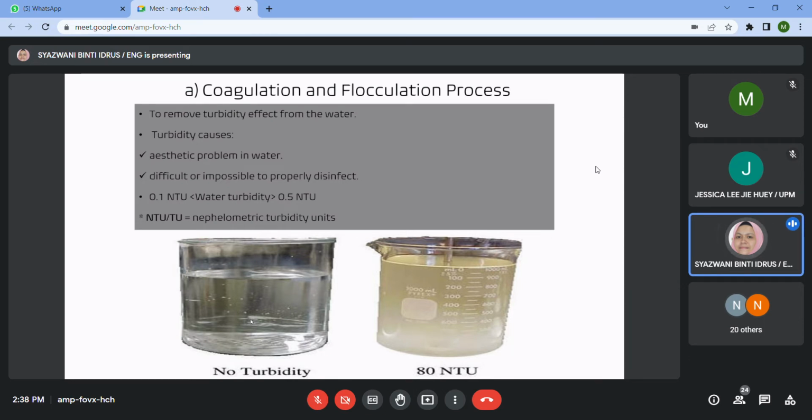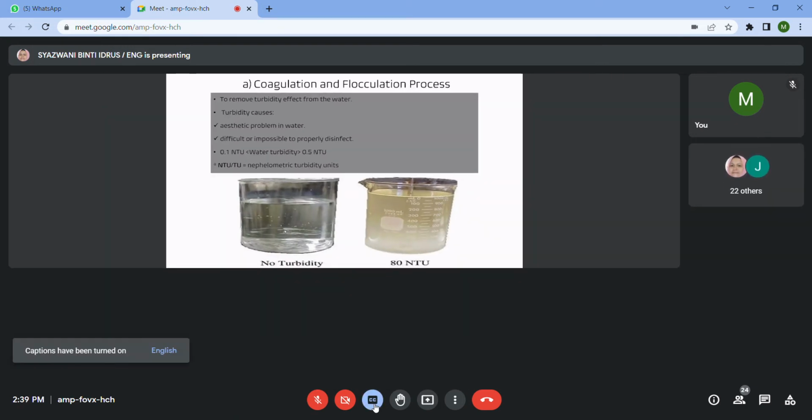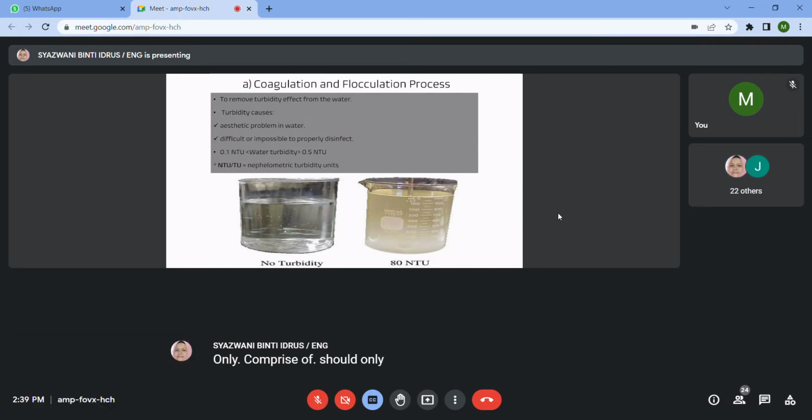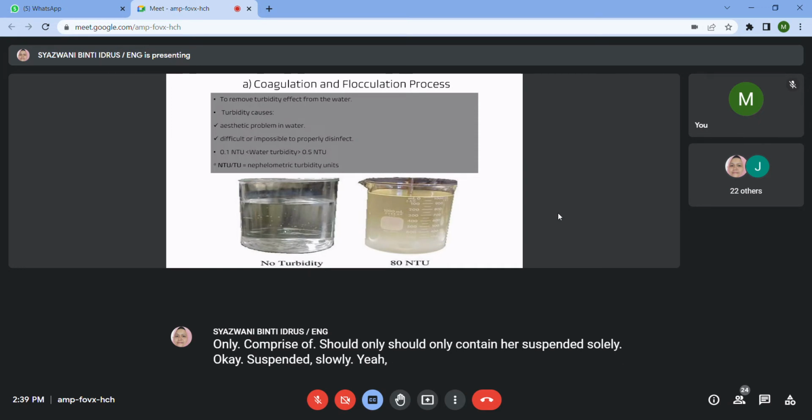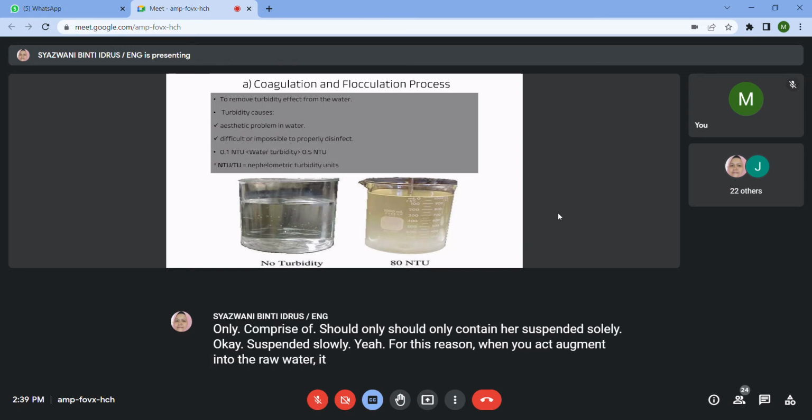So during this process, the raw water to be treated should only contain suspended solid.